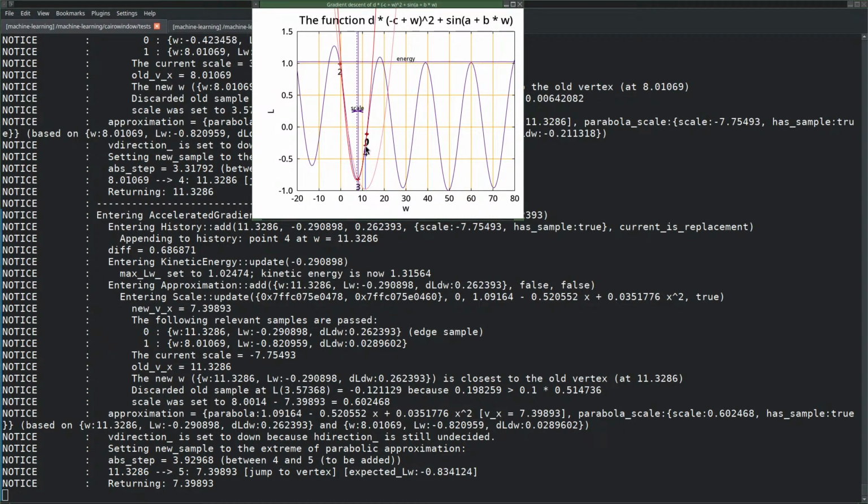The jump point is not bad, not really. It's more that the parabola approximation was so wrong. If we had a correct parabola, then it would be still a perfect fit on a parabola.